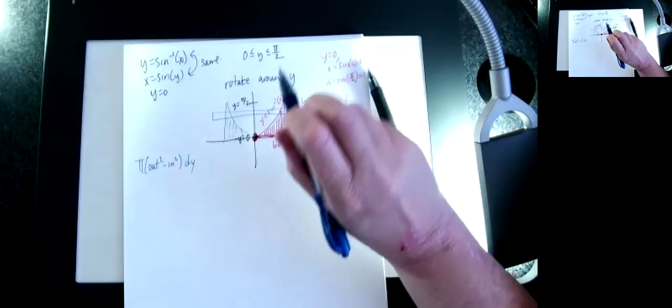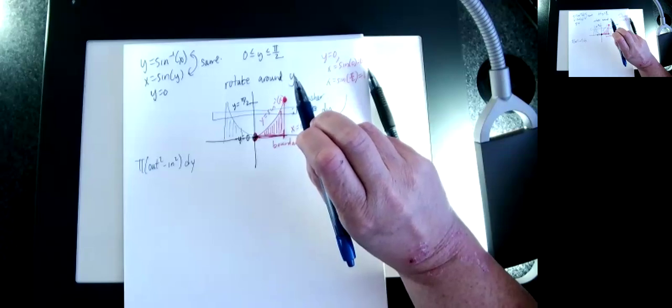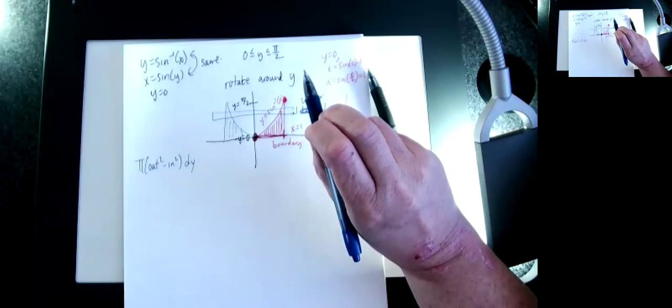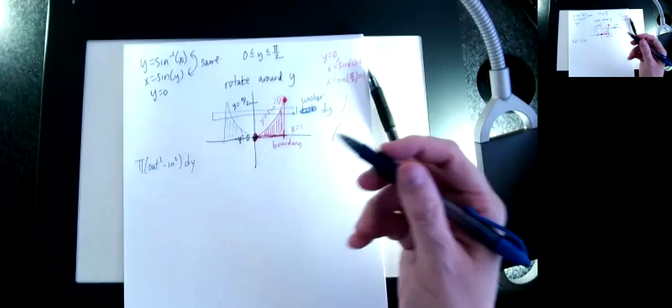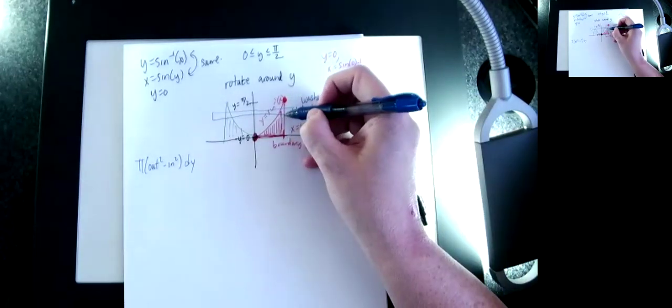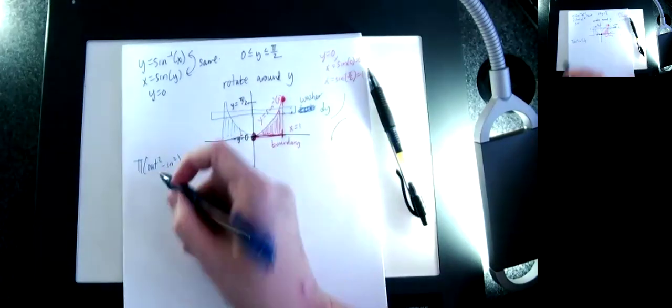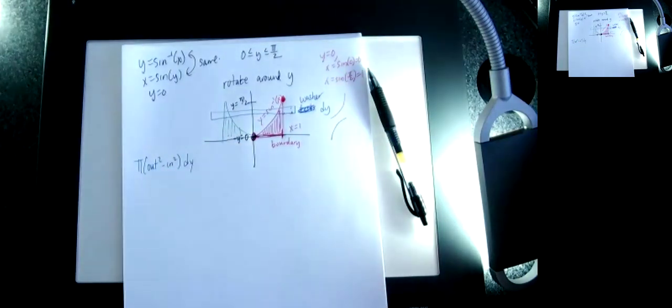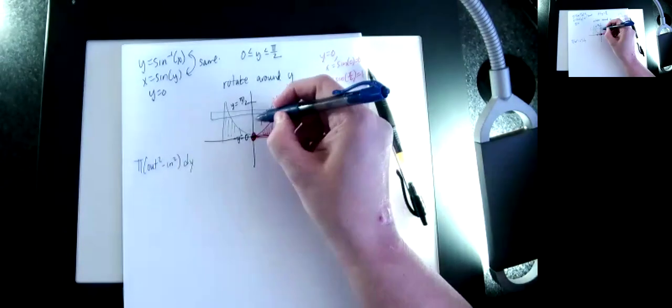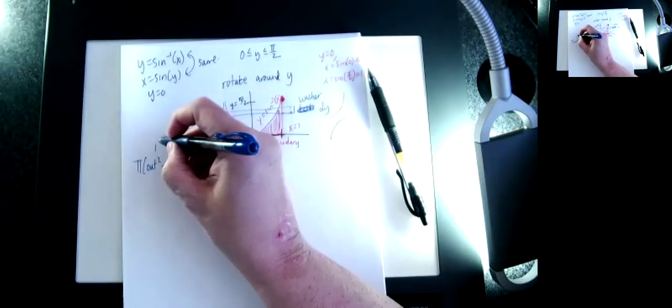Why do I have that? That doesn't even work. What did I do? The outer radius in terms of y looks like y. No, it's just 1. The outer radius is 1. That makes sense.